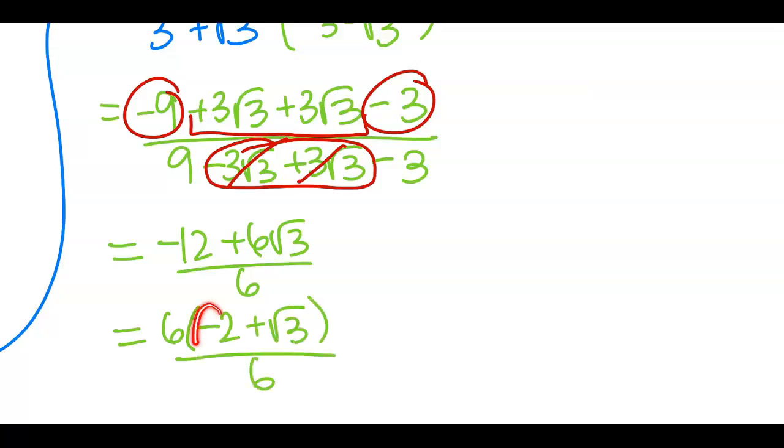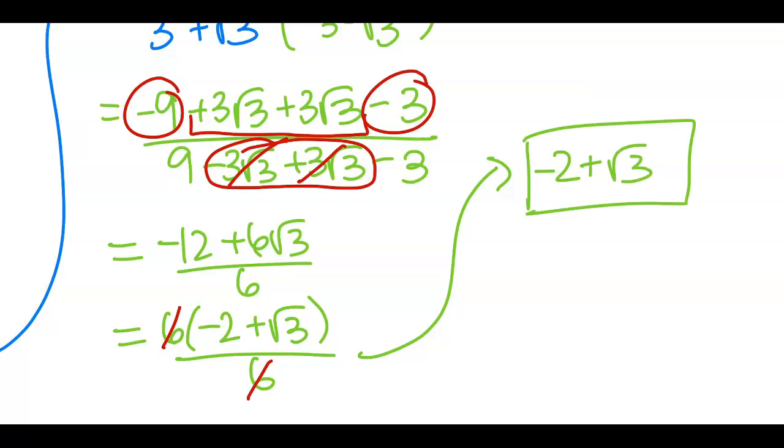The reason why I didn't factor out a negative is because I see that the 6 in the denominator is positive. You can factor out a negative 6, but you're just going to have to distribute that negative again later. By factoring out that 6, I can officially cancel both of these 6's because you're multiplying this 6 by this whole parentheses. That's going to leave your final answer as such. Let me write my answer over here: negative 2 plus the square root of 3. This would be your final answer.